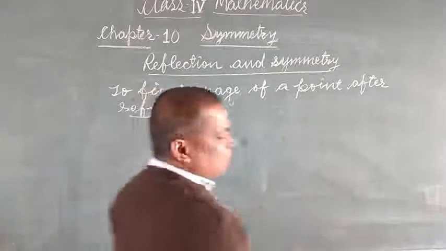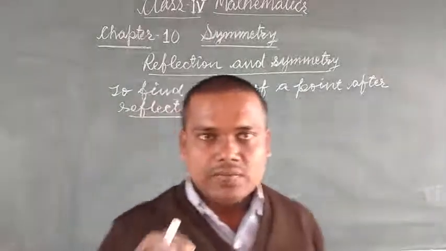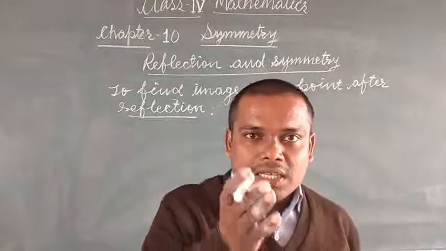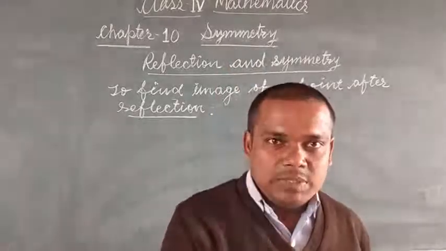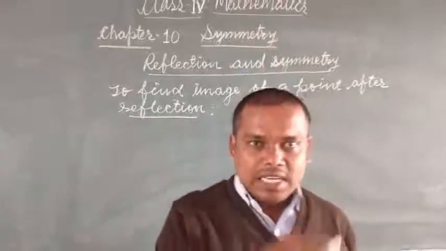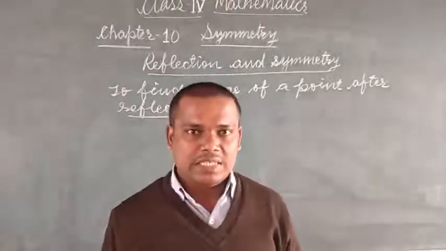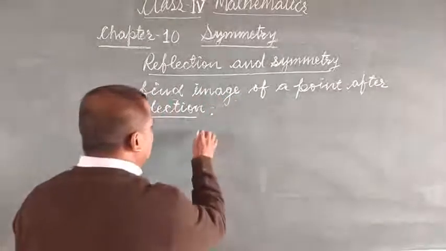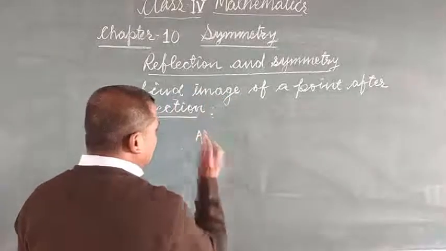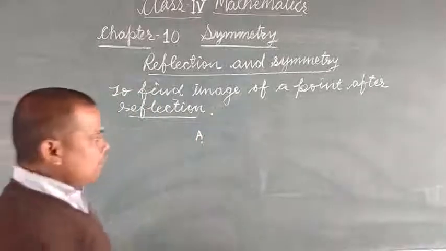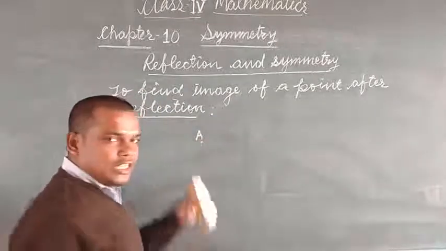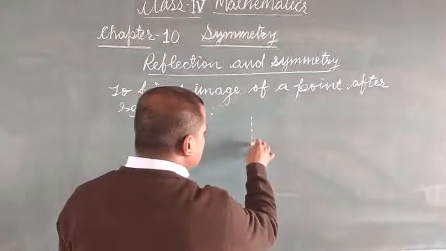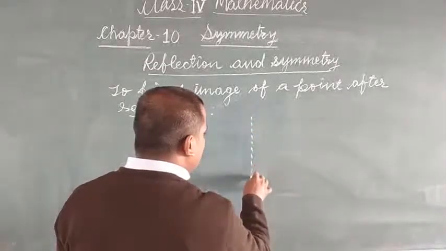So we can find the image of a point after reflection when we have a line of symmetry, that is a vertical line of symmetry and a horizontal line of symmetry. So look at here. Suppose I have point A here. I have to find the image of this point if the line of symmetry is vertical.